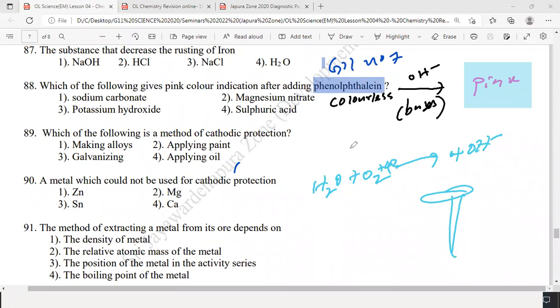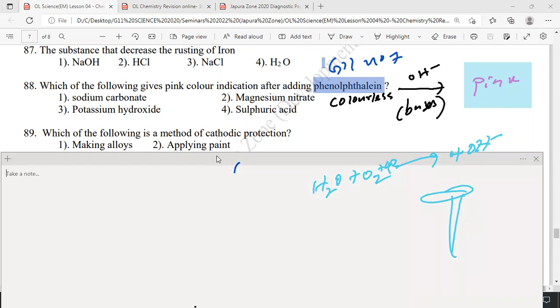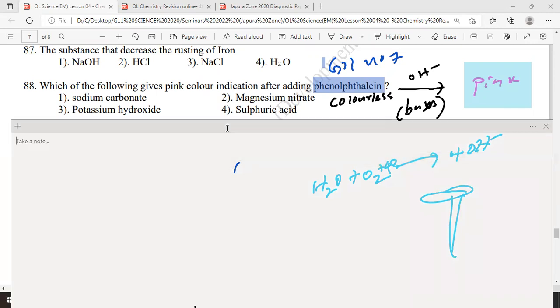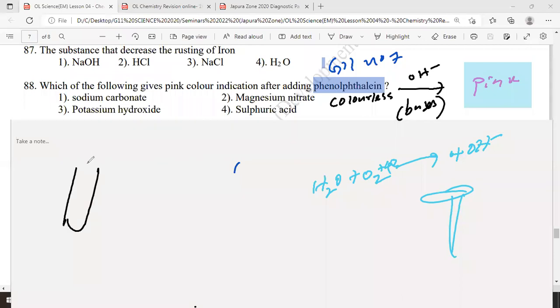Not only that, if you put a piece of magnesium into water, what is formed? Or if you put a piece of sodium into water, what is formed? Sodium hydroxide. If you put magnesium into hot water, what is formed? Magnesium hydroxide. Then you can easily identify the product formed by putting a drop of phenolphthalein. Look at the screen, everyone. Sodium reacts with H2O forming sodium hydroxide.